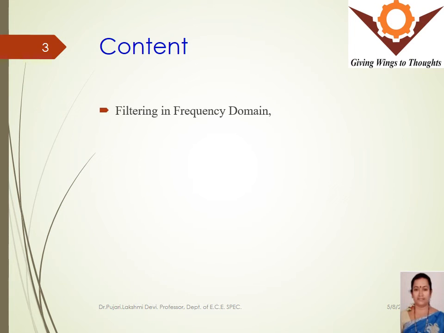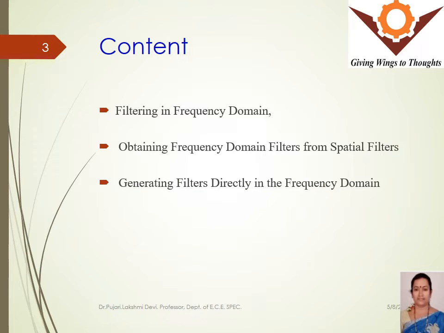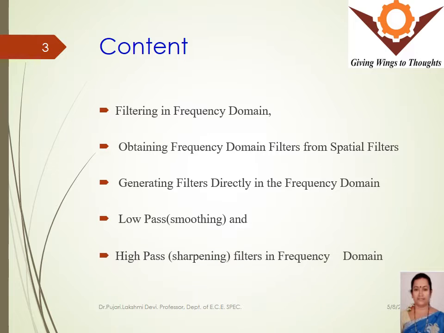In this, first we would like to see filtering in the frequency domain and obtaining frequency domain filters from spatial filters, generating filters directly in the frequency domain, and low pass and high pass filters in the frequency domain. These are the main contents in image enhancement from the syllabus point of view.